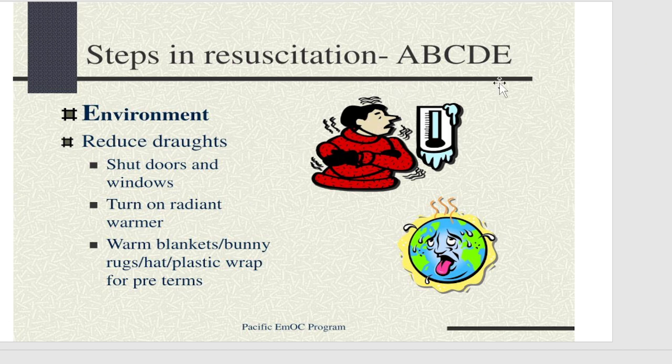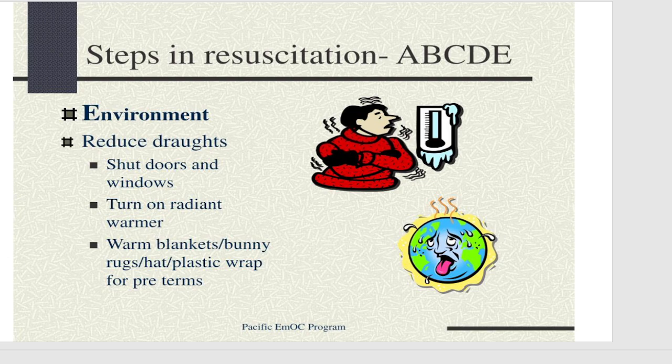In this situation, the normal ABC has now been renamed as CAB, that is circulation, airway and breathing. We have to establish circulation so that the heart rate comes to the normal position. Simultaneously we give airway clearance, then we encourage breathing. So this is the normal resuscitation steps.